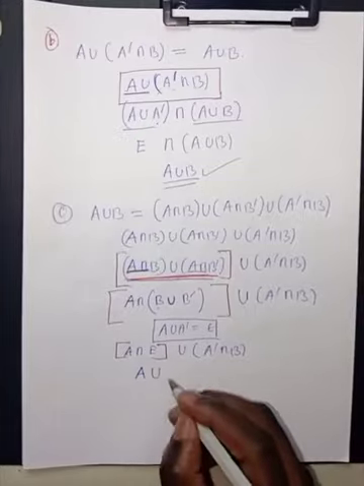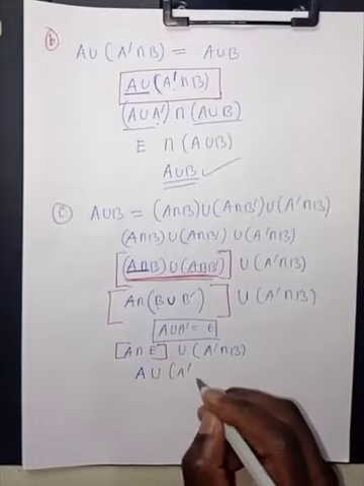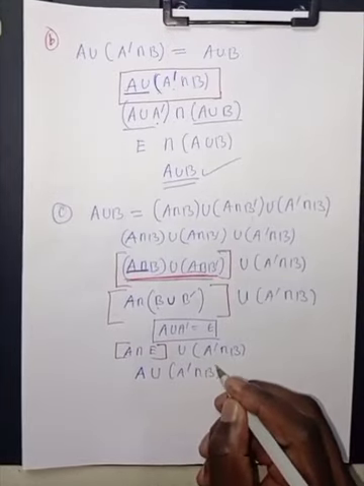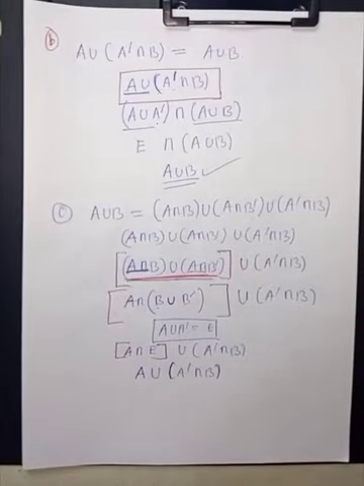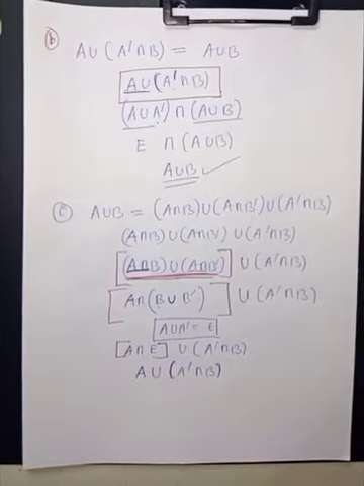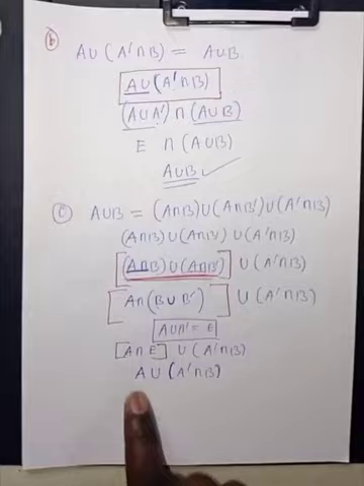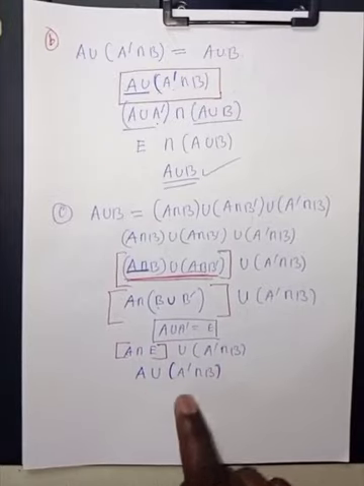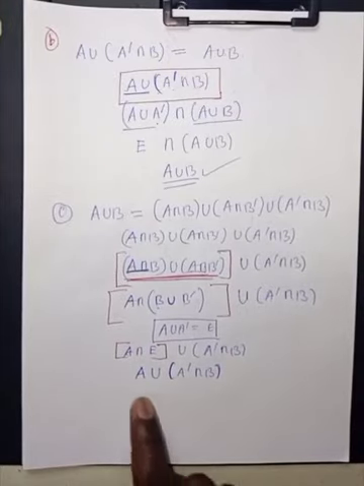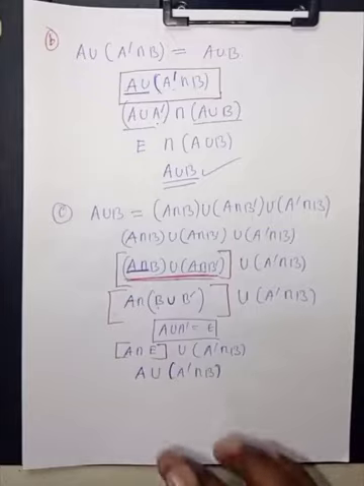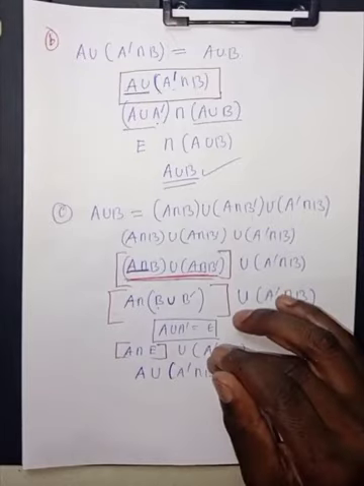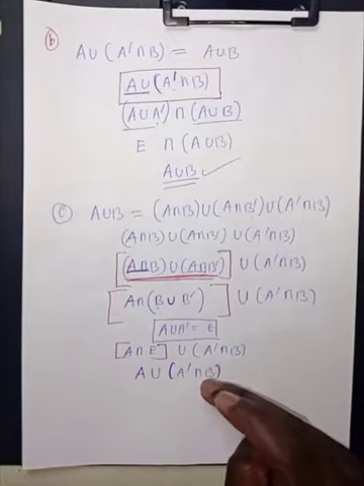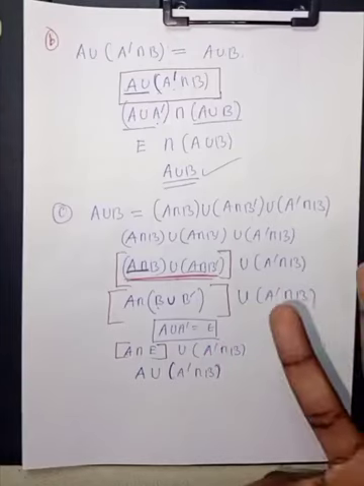Then to be union, we have this part here, which is A complement intersection B. So then we have to ask ourselves here, can I apply any property here to simplify further? Or do I need to apply a law? So what do we need to apply here? Can someone type up? Can we apply any property or do we need a law?